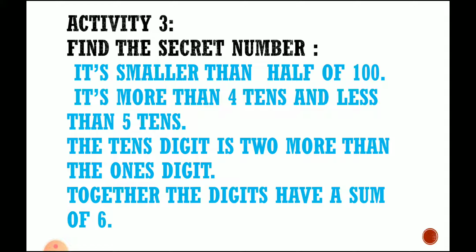It is more than 4 tens and less than 5 tens, so 40 to 50, the number will be there. The third one: the tens digit is 2 more than the ones digit. Now together the digits have a sum of 6. If we add those two digits, we will get 6.